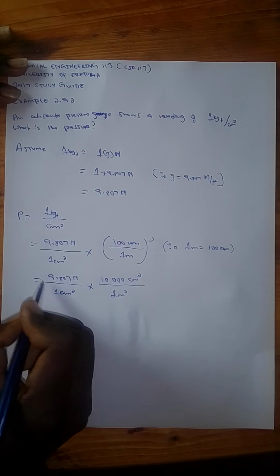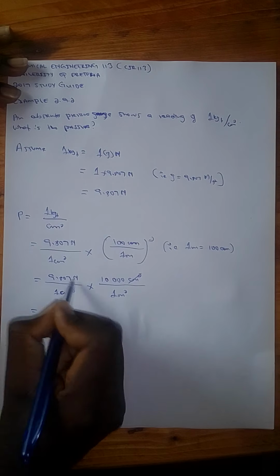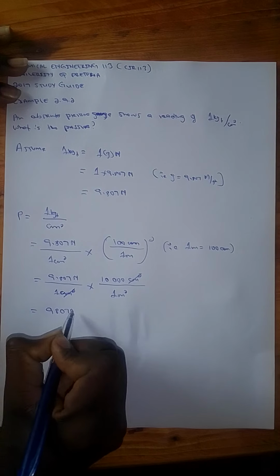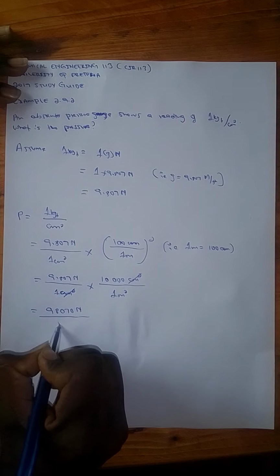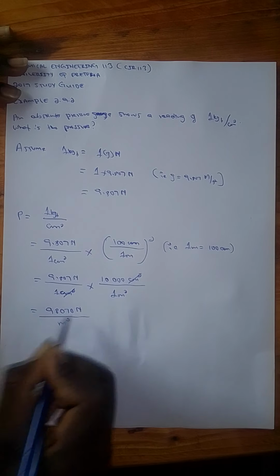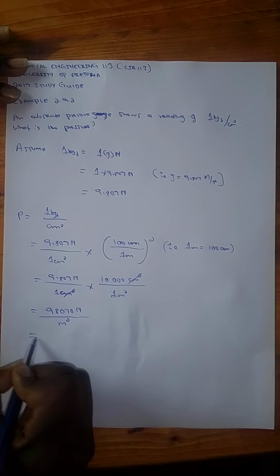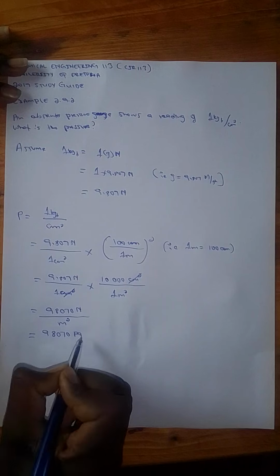Now when you multiply this, the centimeter squares will fall off. When you multiply this and this, we have 98070 newtons per meter squared. Now we know that newton per meter squared is actually pascals, so we can rewrite this as 98070 pascals.